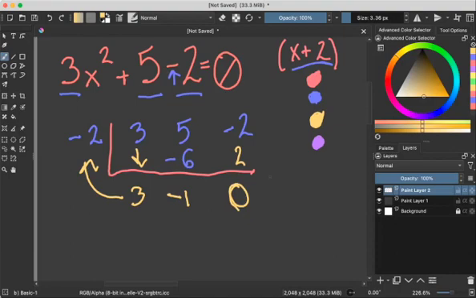The final row of the synthetic division shows the coefficients of the resulting linear equation, which is this. This is our equation.